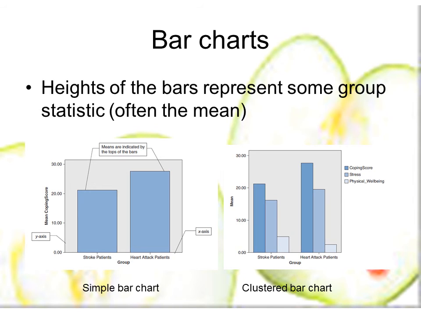You can see there at probably about 2.5% versus the stroke patients, whose physical well-being looks to be about 5%. So those are actually pretty easy for just the average person to understand.